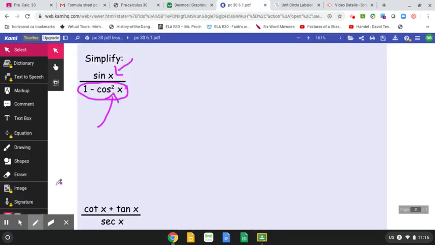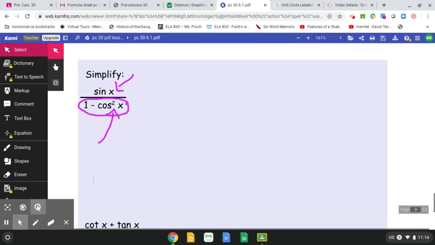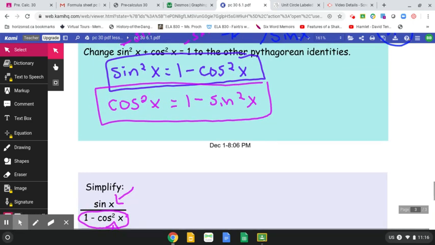Now, I actually just did this. If I scroll up, what was 1 minus cos squared x? Do you see it? Right there. 1 minus cos squared x. What's it equal to? It actually equals sine squared x, because I had manipulated that identity.